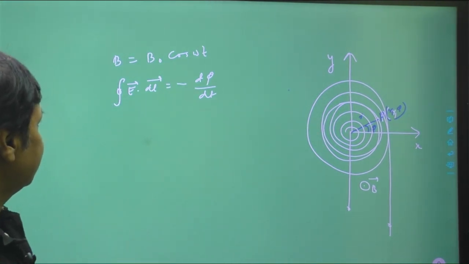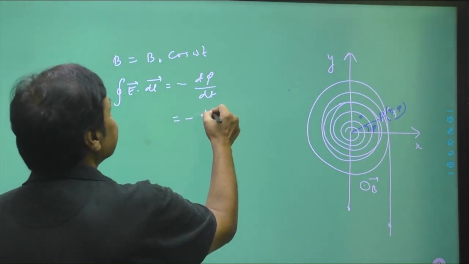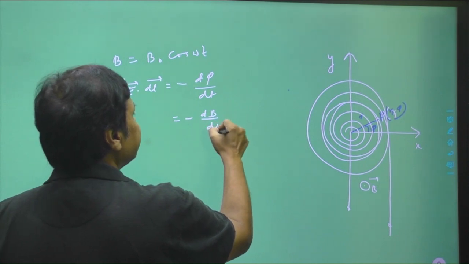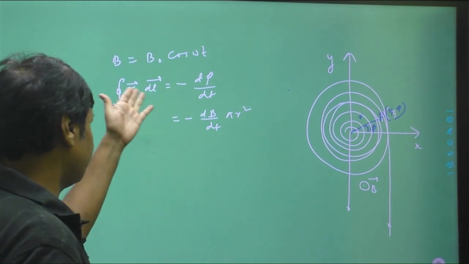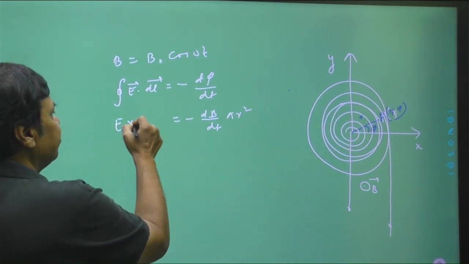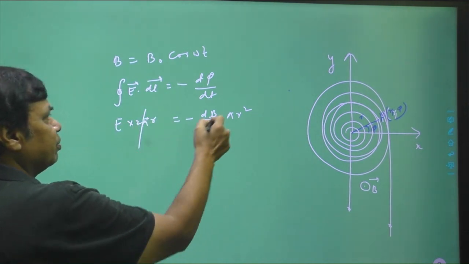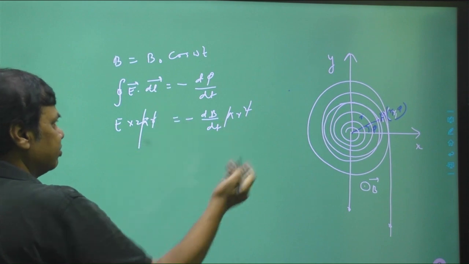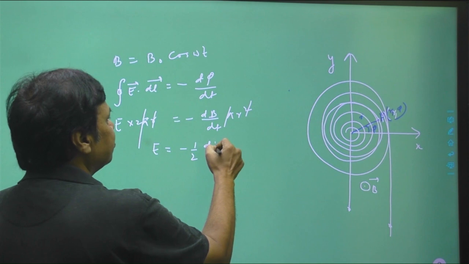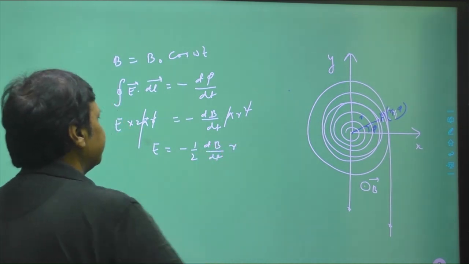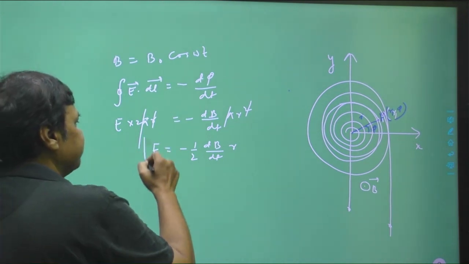Again you can write minus d phi by dt as minus dB by dt into its area, that is pi r square, and this whole integration will come out as E into 2 pi r. Cancel out pi from both sides and r from both sides, and you will get electric field equals minus 1 by 2 dB by dt multiplied by r. You are bound to get this result.